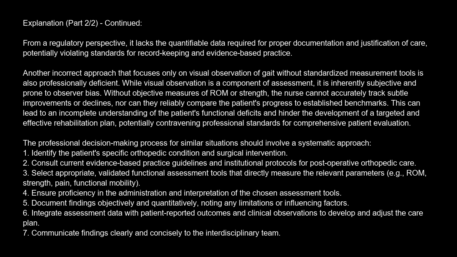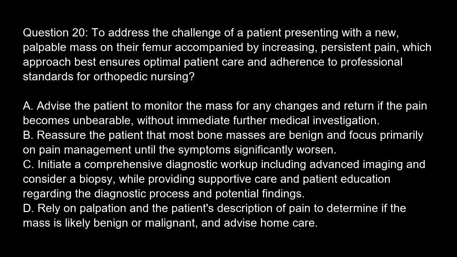Ensure proficiency in the administration and interpretation of the chosen assessment tools. 5. Document findings objectively and quantitatively, noting any limitations or influencing factors. 6. Integrate assessment data with patient-reported outcomes and clinical observations to develop and adjust the care plan. 7. Communicate findings clearly and concisely to the interdisciplinary team. Question 20.